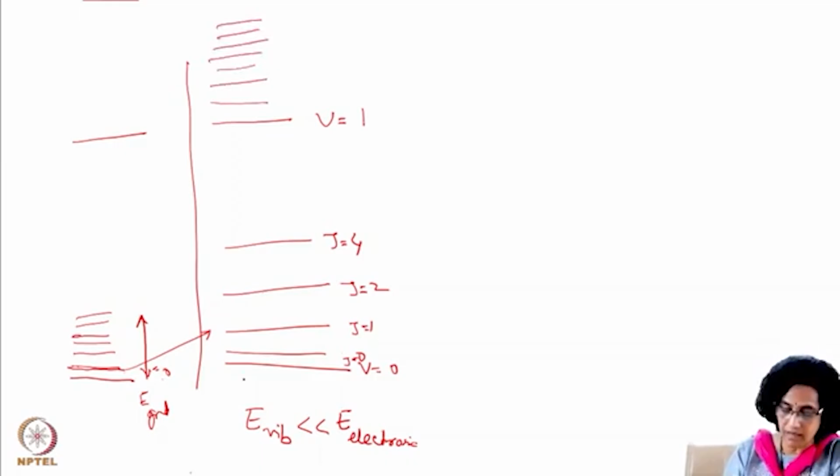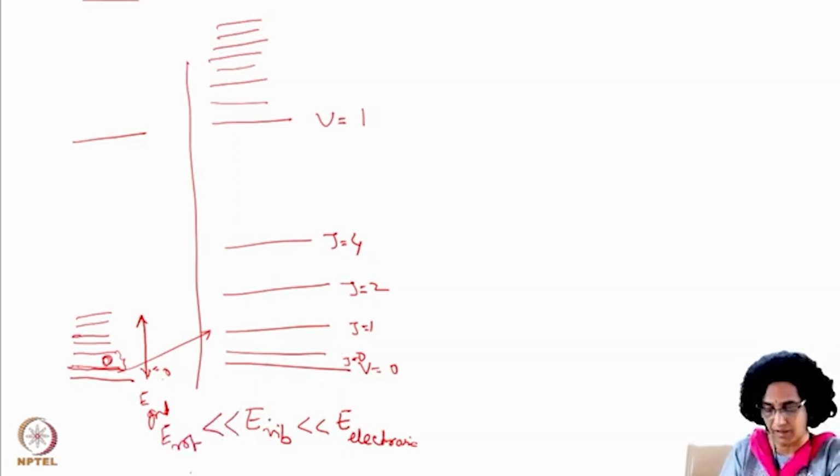As you can see now, in each vibrational level you have these rotational levels fixed, and therefore E vibration is much less than E electronic, but E rotational is also much less than E vibrational.